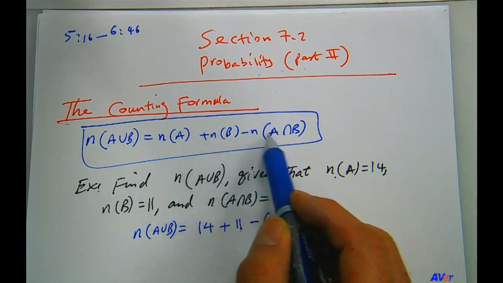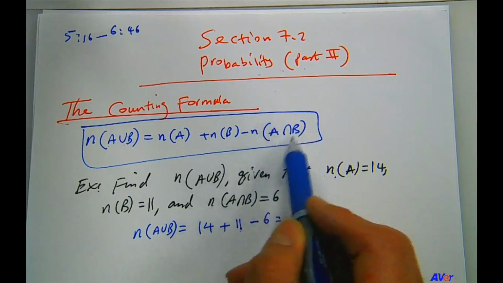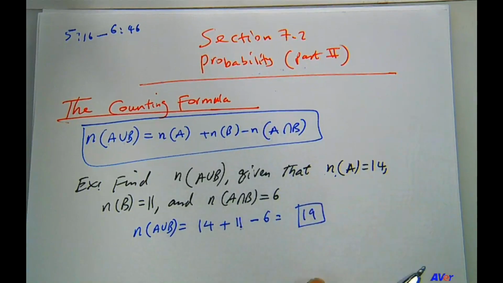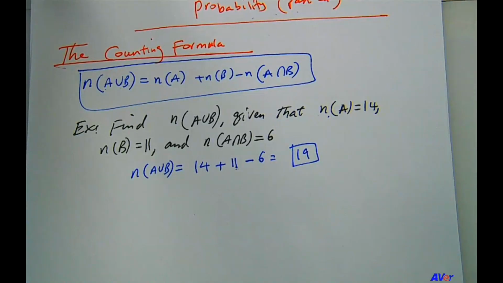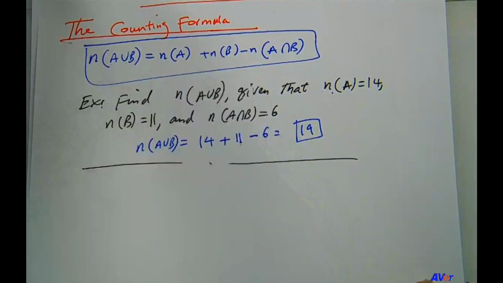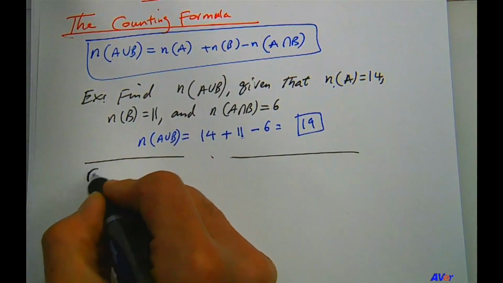In order to eliminate the double counting, we subtract the intersection piece, or the common elements, only once. Okay, so that's the reason for that. All right, so let's see another example that shows us how to apply this counting formula.